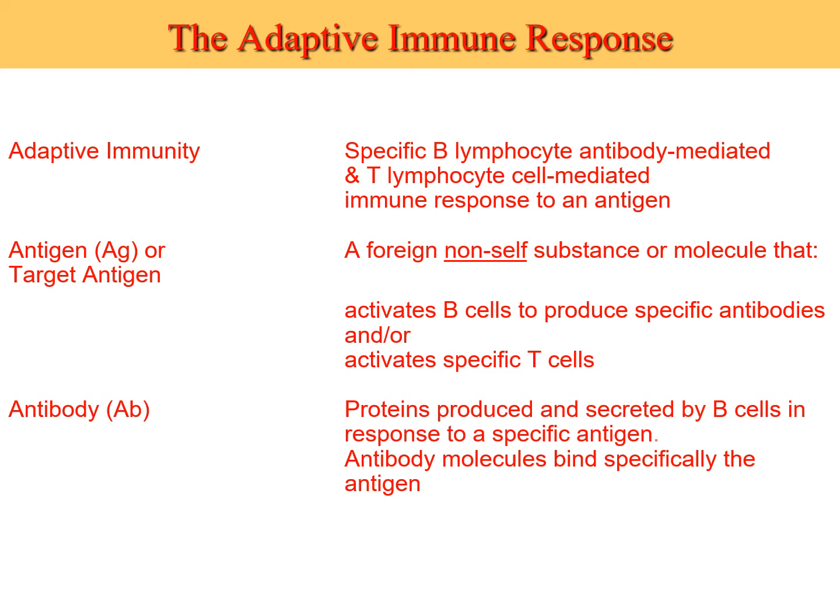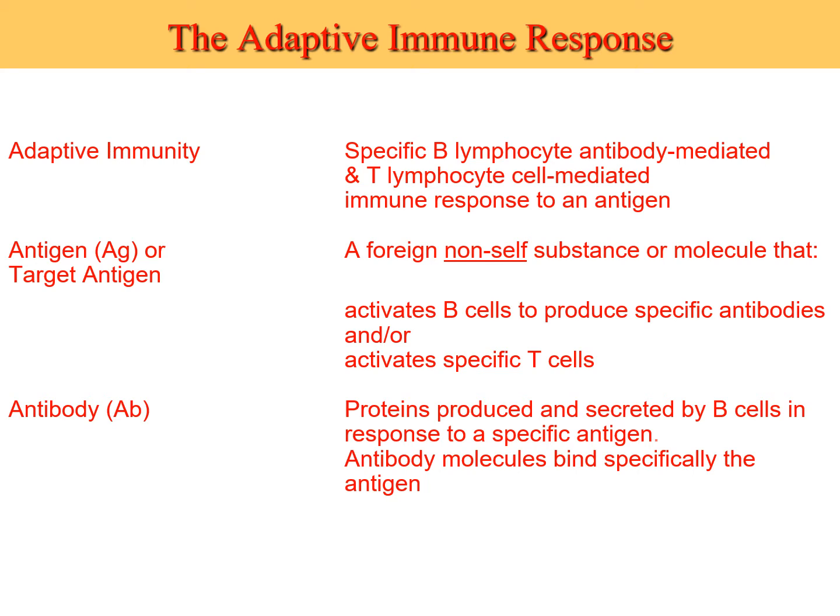There are billions and billions of non-self molecules that could get into you, and some of them are on microorganisms. Among your billions of T cells and B cells, you have a small number of cells that can respond to those foreign molecules because they have the right target antigen receptor on their surface.